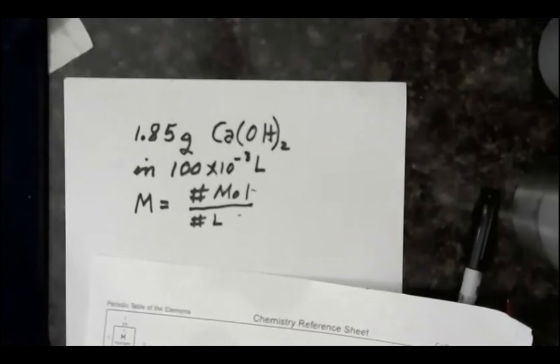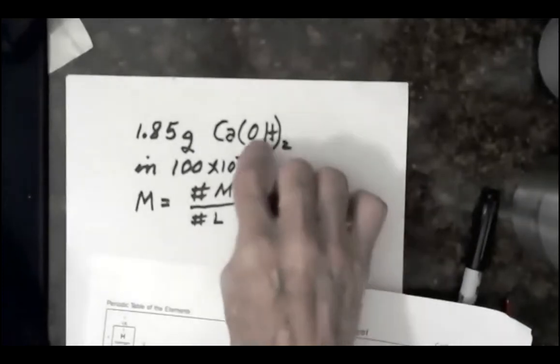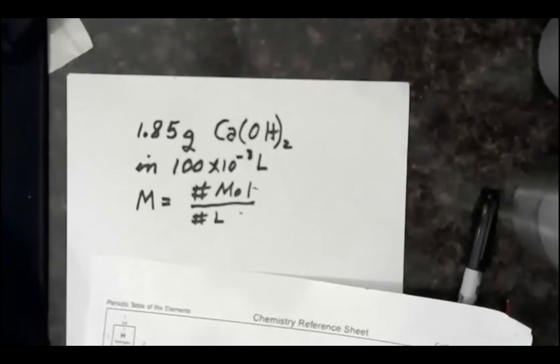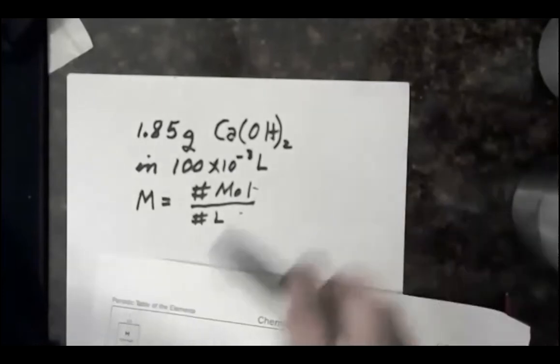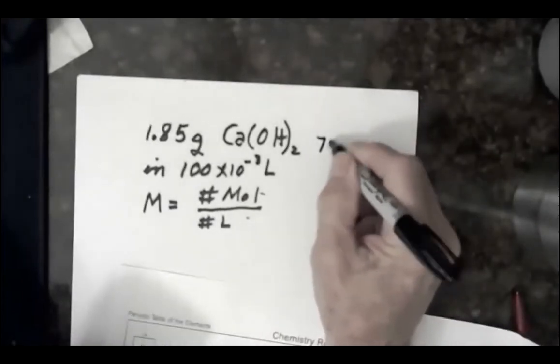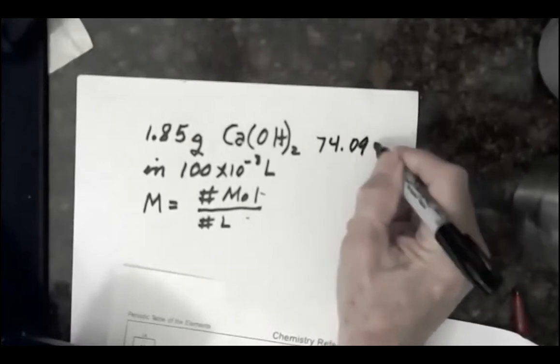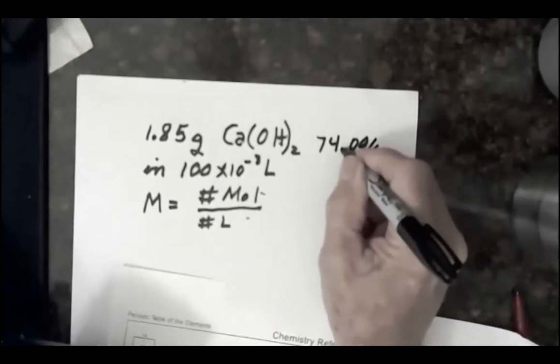We're going to have 2 hydrogens, so that's 2 times 1.008, plus 2 oxygens is 2 times 16. So what I came out with for the molar mass of this is 74.096 AMU.